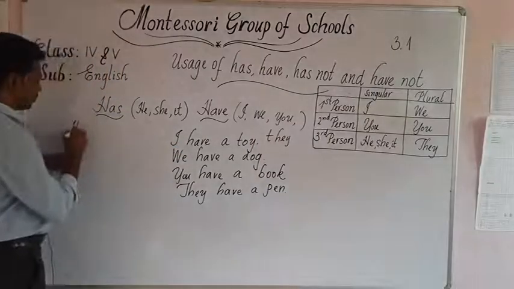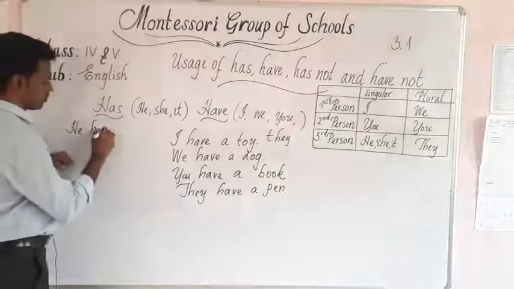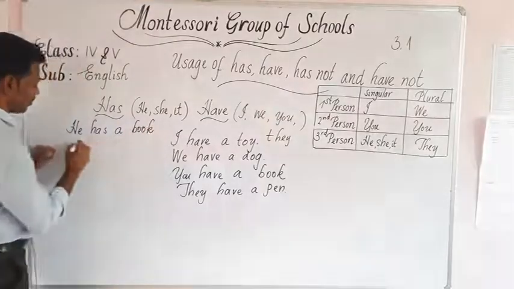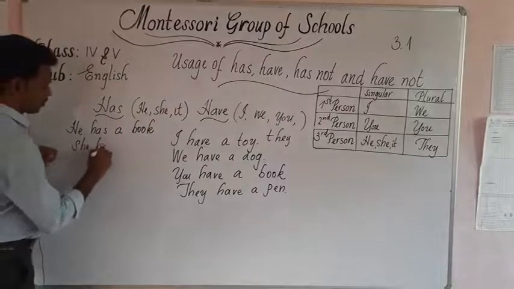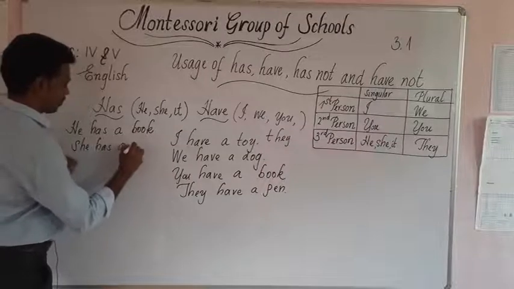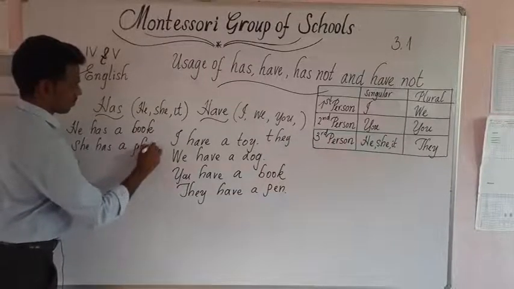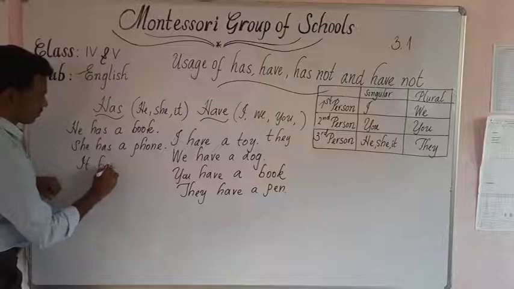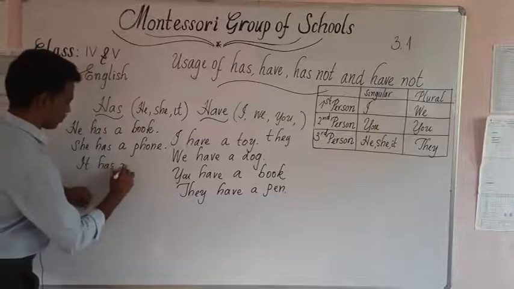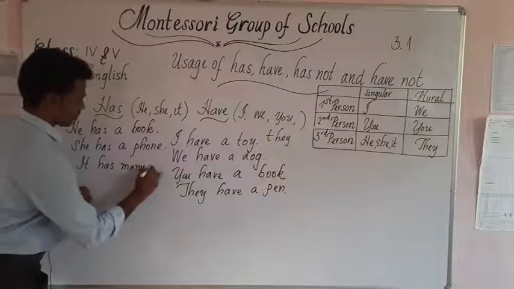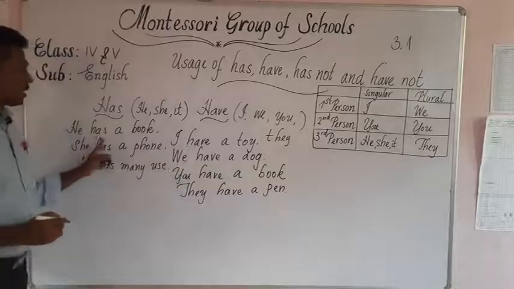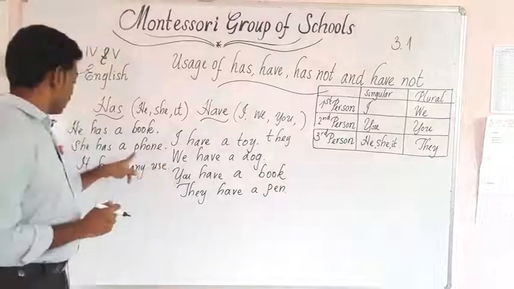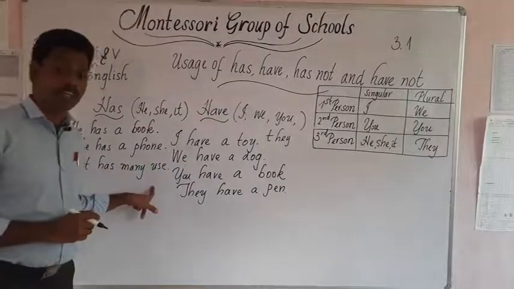Example, he has a book. She has a phone, and it has many uses.